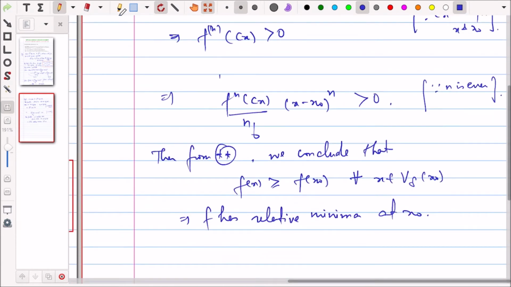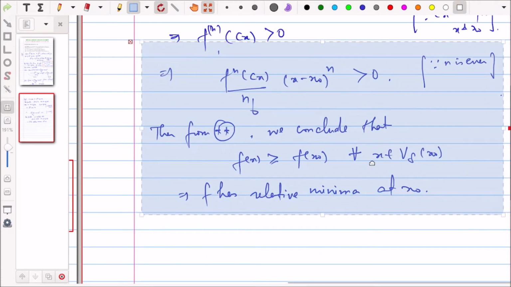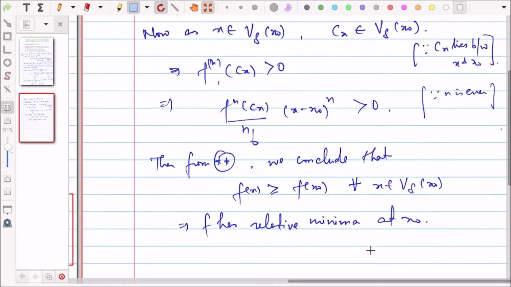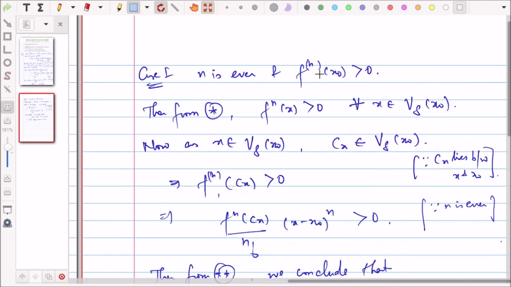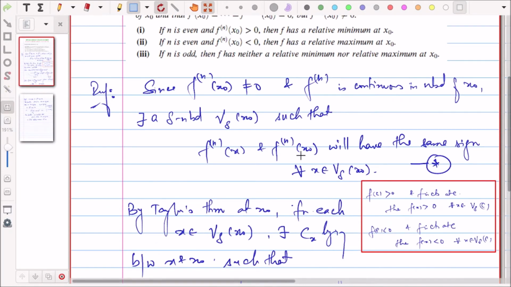Is it clear everyone? This part: if n is even, then your f^n(x naught) is positive, but we have said here in star that f^n(x) and f^n(x naught) will have the same sign over the interval V delta of x naught. That means if f^n(x naught) is positive then f^n will be positive in this interval, and if f^n(x naught) is negative, then f^n will be negative in this interval.